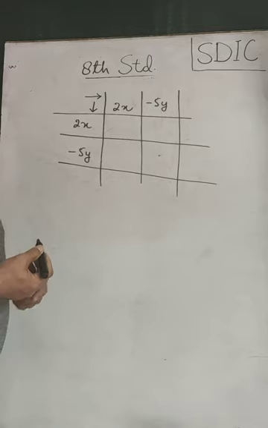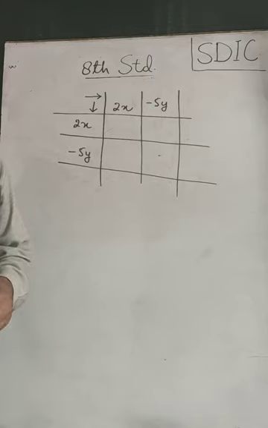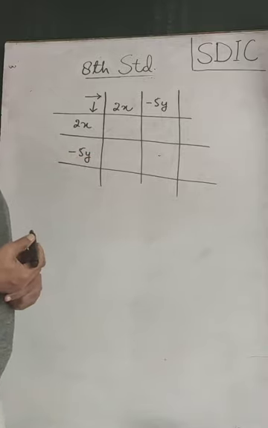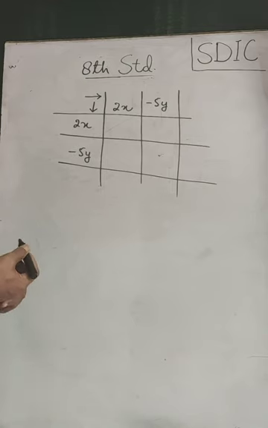How will you understand that you have to multiply them? You can see on the top the statement written, complete the table of products. Products means multiply. Now which slot will consist of which first monomial and which second monomial?